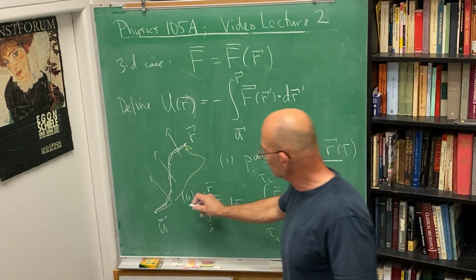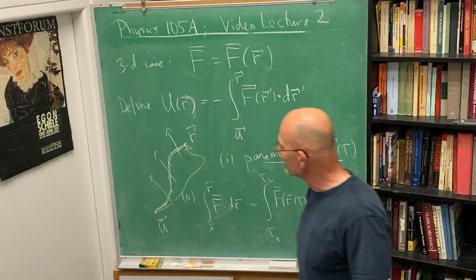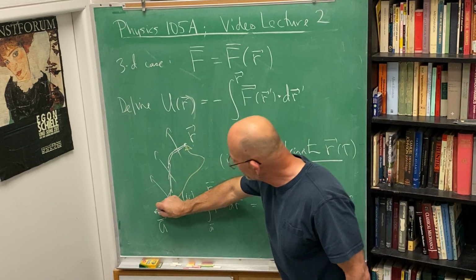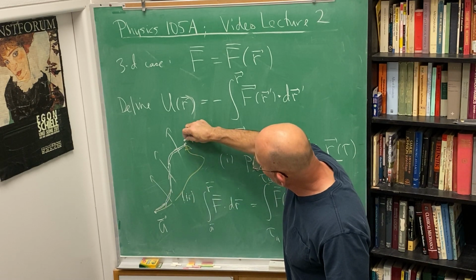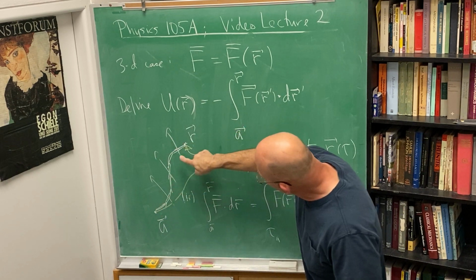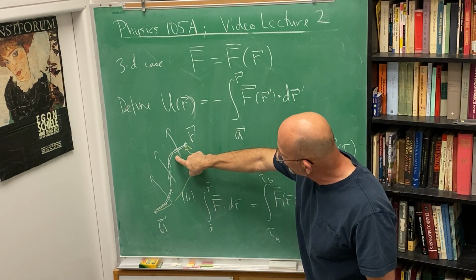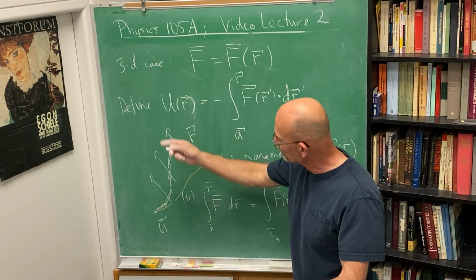In other words, if u of r is the same via the yellow and the white path, then going from A to R and back on the white path from R to A reverses the value, with a minus sign, so I have u of r minus u of r equals 0.